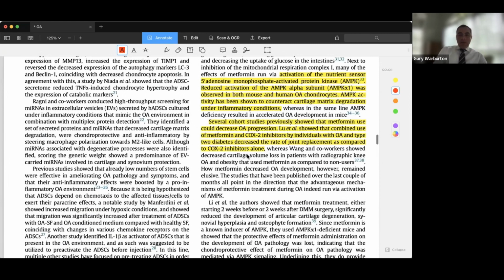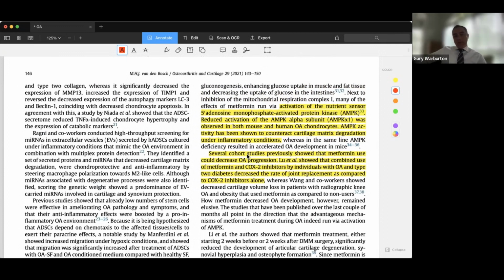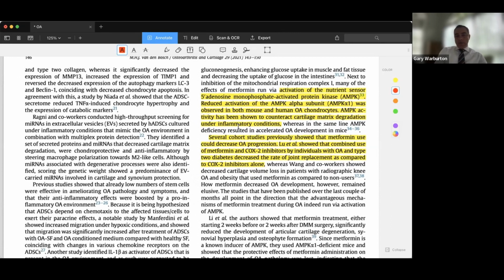So how might metformin play a role in bone metabolism and osteoarthritis? There's activation of the nutrient sensor adenosine monophosphate-activated protein kinase, and a reduction of this activation was observed in mouse and human osteoarthritic chondrocytes. This activity has been shown to counteract the cartilage degeneration that occurs under low-grade inflammatory conditions such as osteoarthritis.